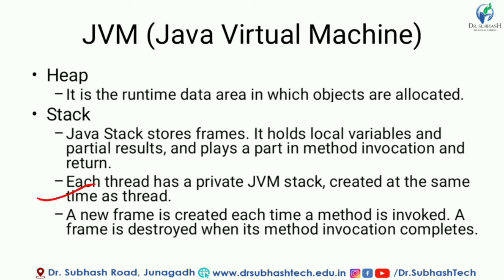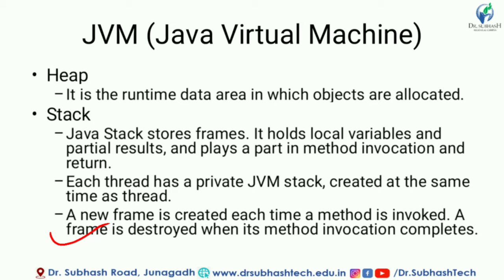Each thread has a private JVM stack, right? Whatever threads are created for the execution of the methods, each may have a private JVM stack created at the same time as the thread is created. Whenever you are invoking a method, a thread is created for that and the stack is allocated by the JVM to that thread. A new frame is created each time a method is invoked.